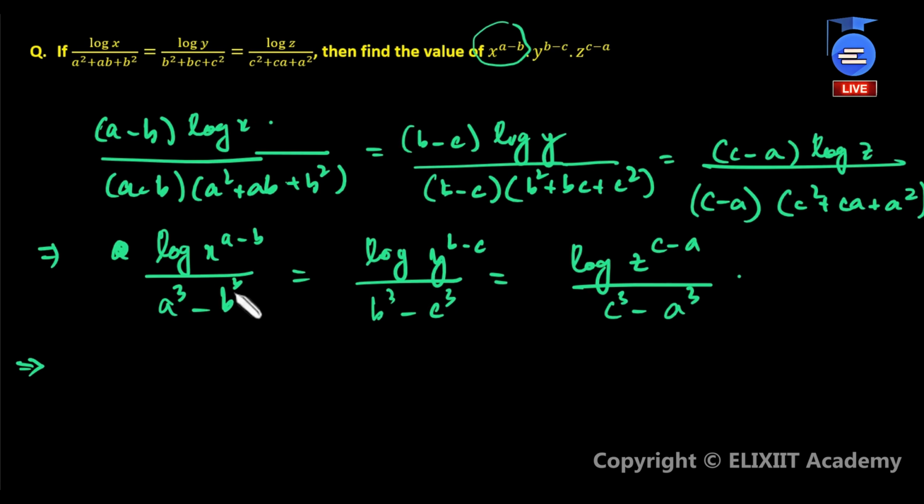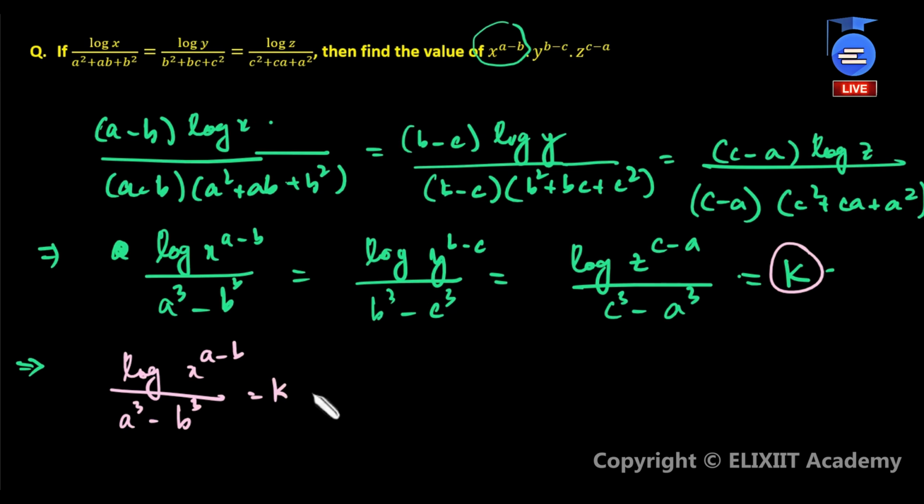Next, what do I do? One thing we can do is put a constant. Let us take this to be some constant k. Take this to be constant k, separate them, add them, and you will get the result. Log x to the power a minus b divided by a cube minus b cube is equal to k. Similarly this is equal to k, this is equal to k.